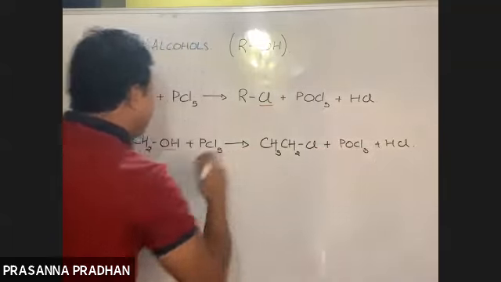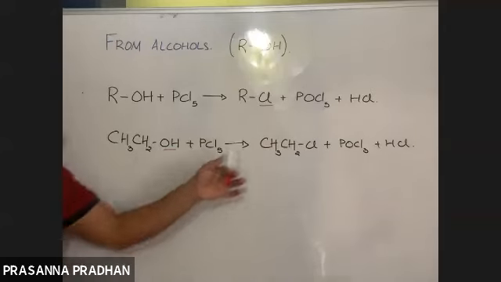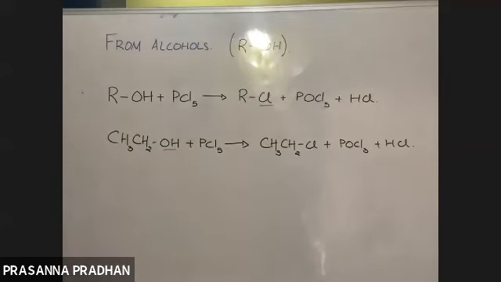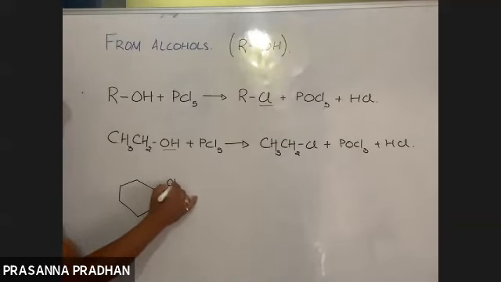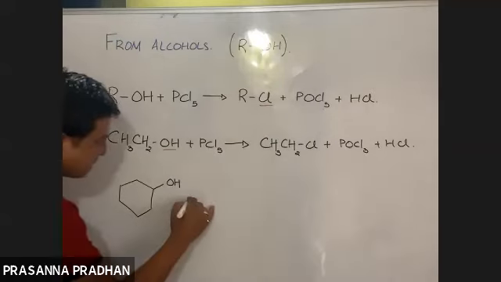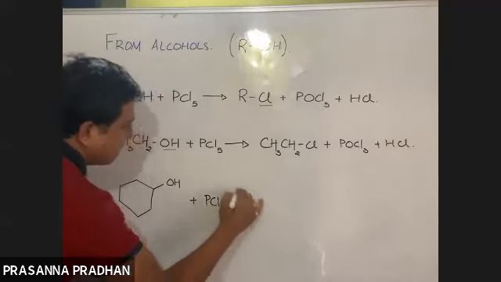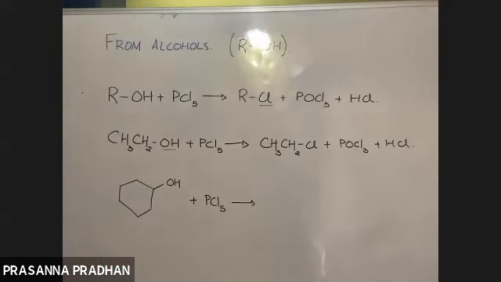So whatever may be the alcohol, the reaction will be the same. Same means the OH group will get substituted by chlorine. So if I draw another alcohol, say cyclohexanol, it's not a phenol, it is a cyclohexanol, plus again PCl5. So what do you expect here?